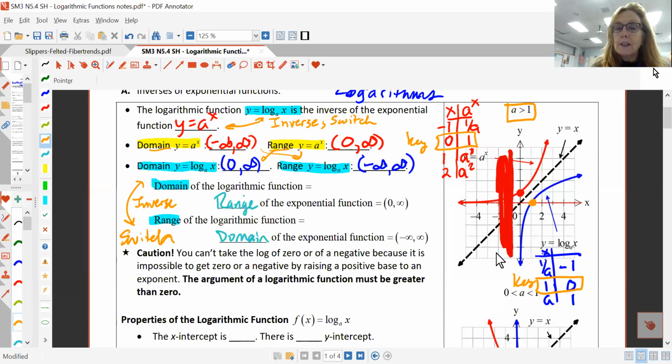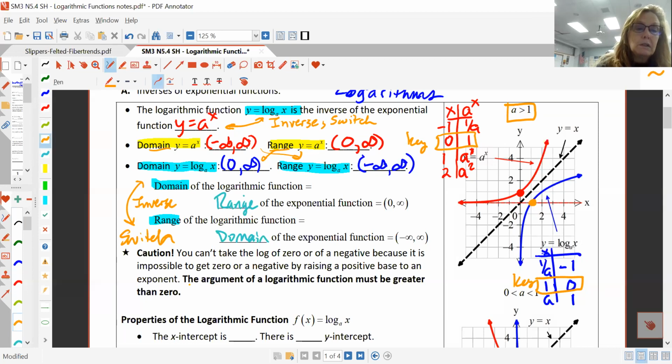So if I shade in this whole other side, the logarithm is not there because it's switching the x and the y. Okay, so there is a statement there, and the statement is the argument. So log base a of x, okay, x has to be bigger than 0.